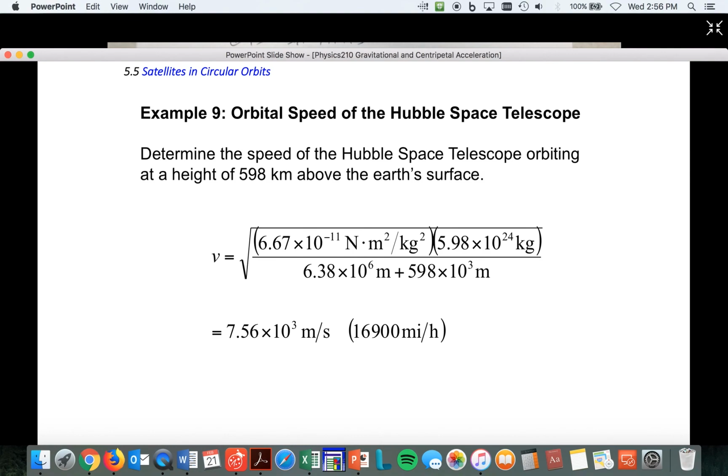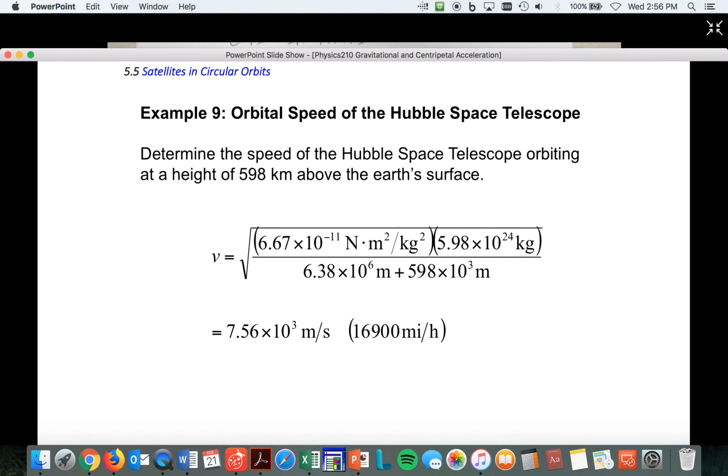So Hubble is orbiting at a height of, and they have to keep track of where it is. It's going 7.56 times 10 to the third meters per second, almost 7,500 meters per second, in its orbital velocity, and that's the square root of G times the mass of the Earth divided by these two quantities added together, the radius of the Earth plus its height.